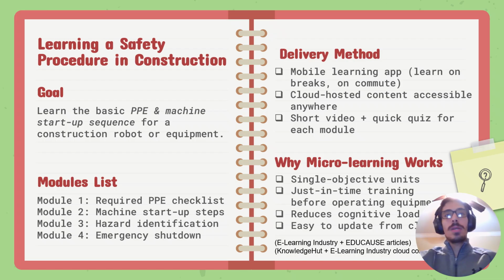And the delivery method also matches microlearning. Learners access the content on a mobile app through short videos and quick quizzes. Everything is cloud hosted, so they can review it during a break or right before operating the equipment.